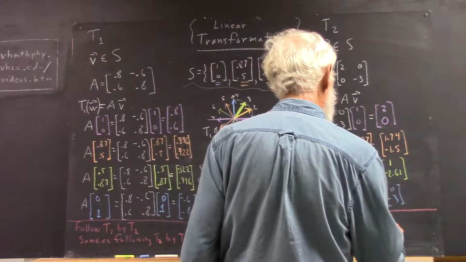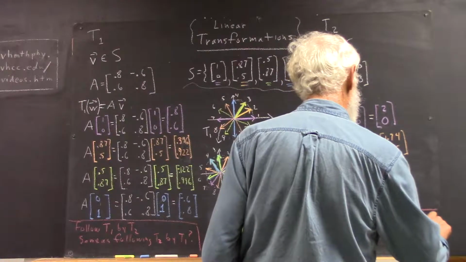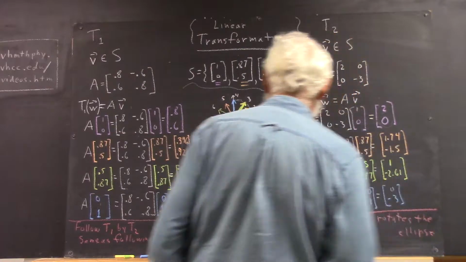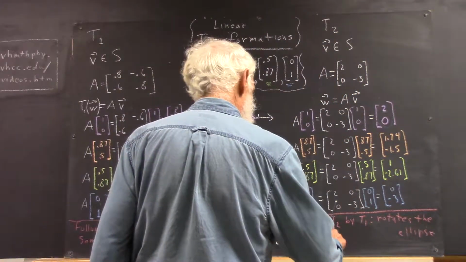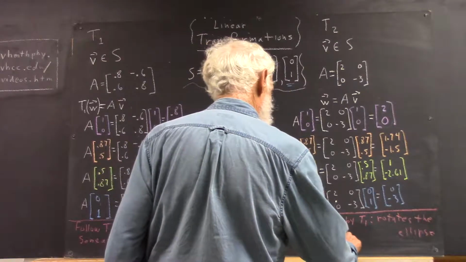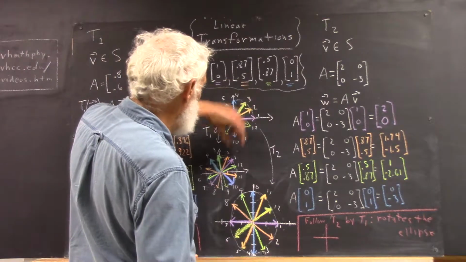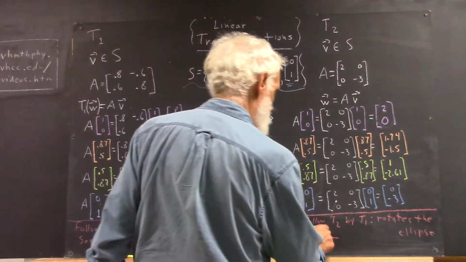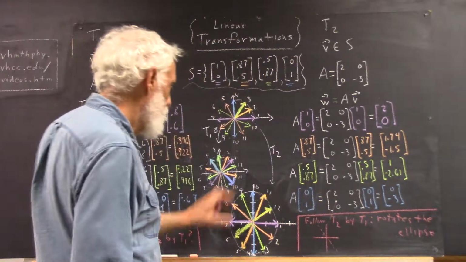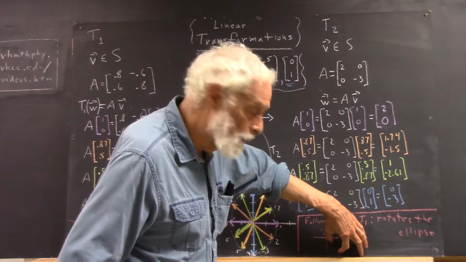Okay, so what this does is rotate the ellipse, so that what we get, having to draw it fairly small because we don't have a lot of room here, rotates the ellipse about this much. This distance is 3, this distance is 3, so I'm going to have 3 units here, 3 units here.